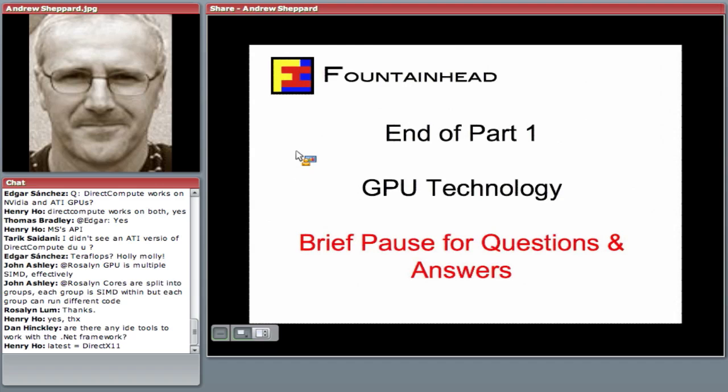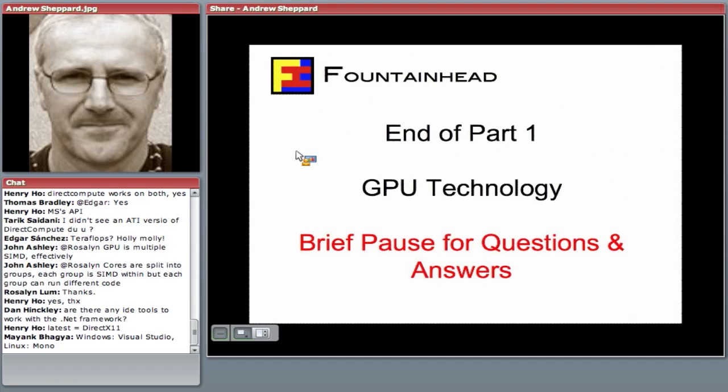Okay, and one other question just came in. I don't know if you know the answer to this, but Dan was asking if there were any IDE tools to work with the .NET framework. The answer is yes and no. There are some .NET wrappers, like some C# wrappers, that allow you to access the API or framework. As to specific support within, say, Visual Studio, NVIDIA does have an integrated debugging environment called Nexus, but that's not really .NET.